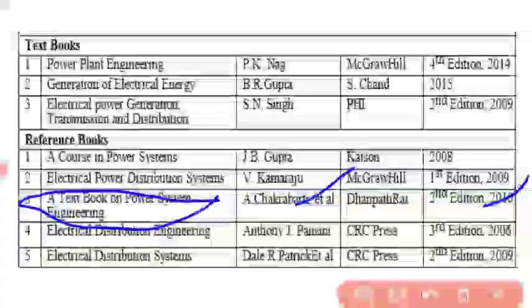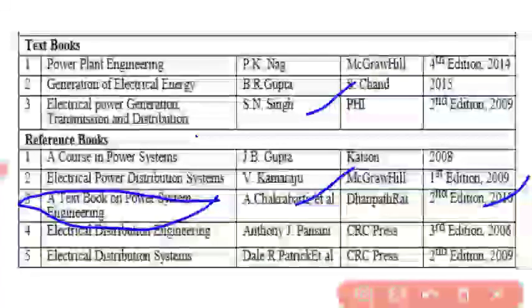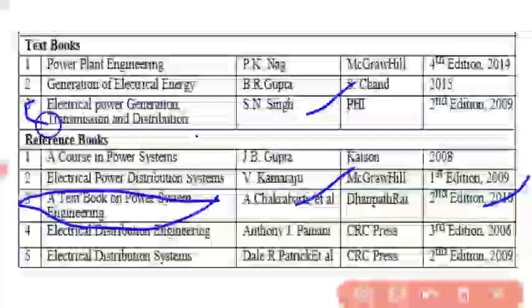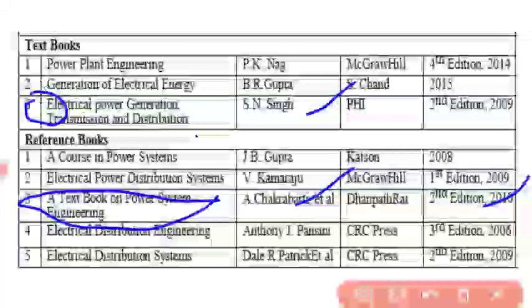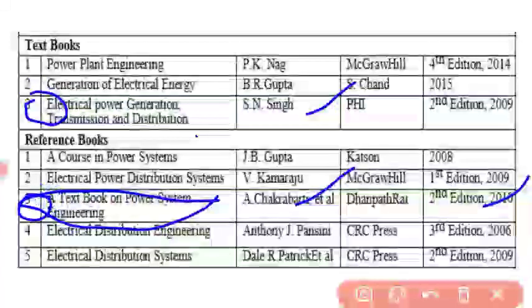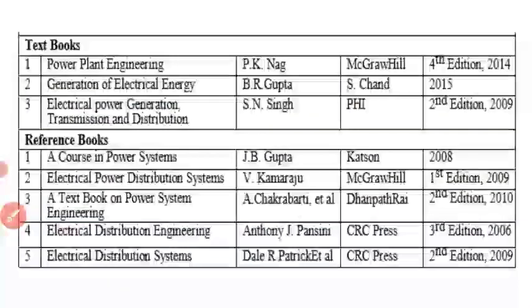So this book we have to refer, and another one is SN Singh, Electrical Power Generation, Transmission and Distribution. So serial number 3 in the textbook and reference book. These two books you have to refer, because almost all the syllabus is covered in these two books only.